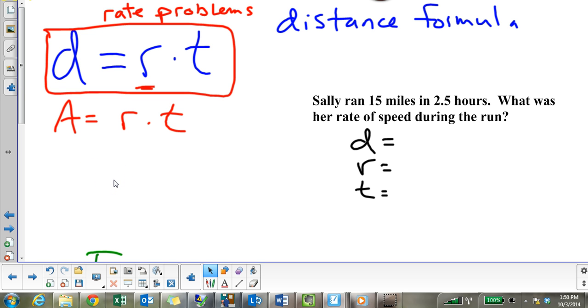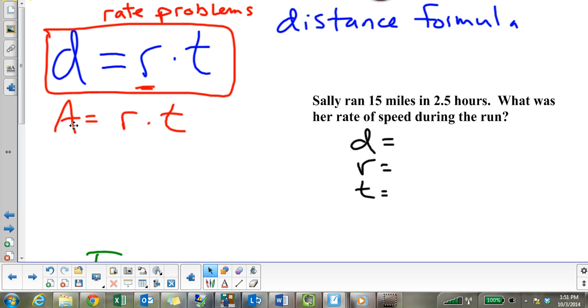And so here's a formula that we use a lot in mathematics, and we can also use it in science. It's dealing with rate, distance, and time. r is rate or rate of speed, t is time, and d is distance. So we have d equals r times t. We also use this other rate formula, a equals r times t, for the amount of something.